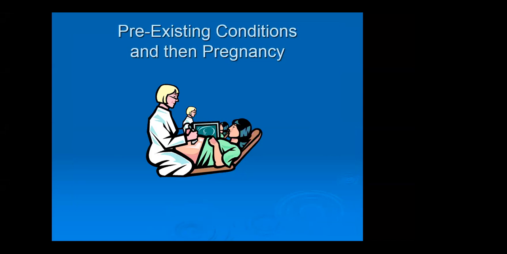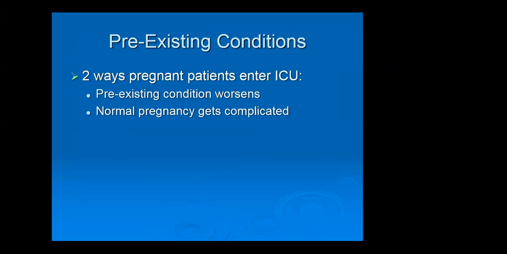Your pre-existing conditions that are related with pregnancy and how they impact things for mom and then fetus. They say there's two ways that pregnant patients find themselves in an ICU. They have some type of previous condition that the pregnancy makes worse for mom.